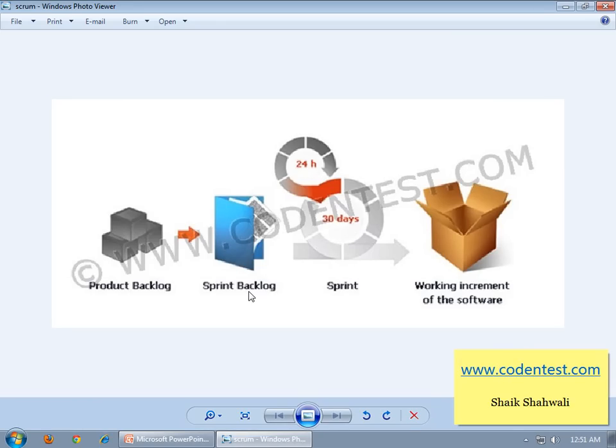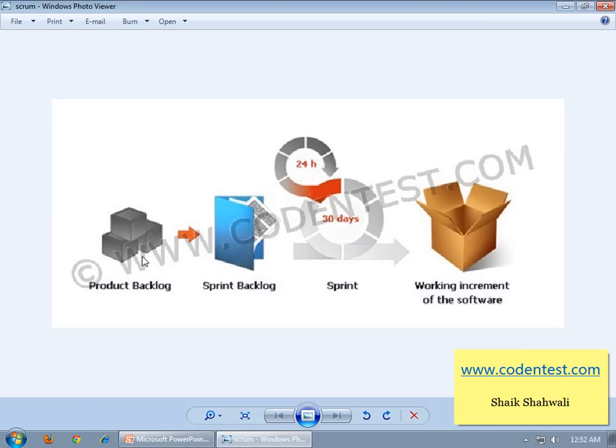Now, the sprint backlog is the part of the software that we are going to develop in the sprint. We said a sprint lasts for 1 week to 1 month, isn't it? In that time period, what part of the software we are going to deliver is the sprint backlog. Let's take the same example of the 50 screen software.